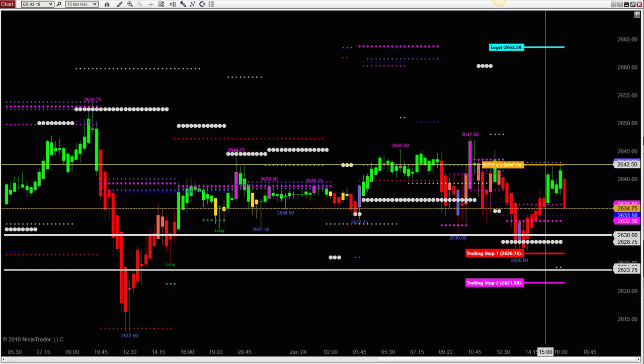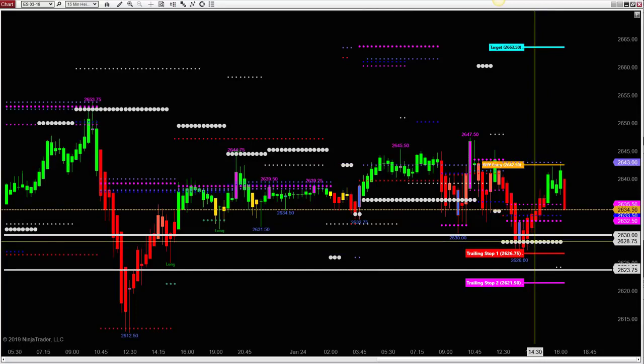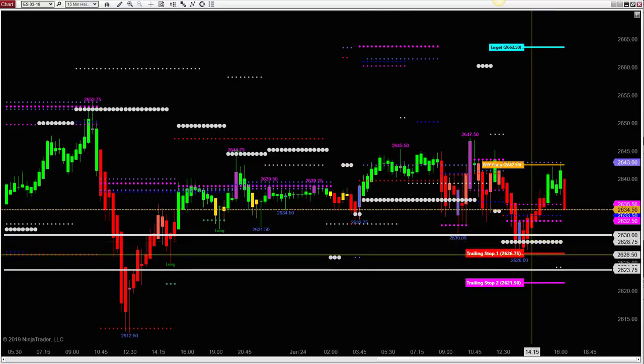But for tomorrow, if this ES is staying between 42.50 and 26.75, this means the market is going to be very bad with the volatility, and every time you take a trade, the market is going to turn around on you.